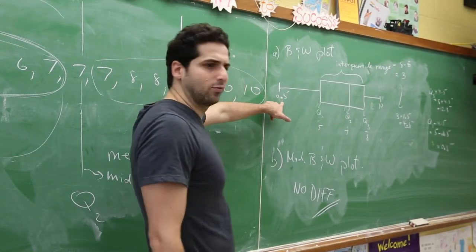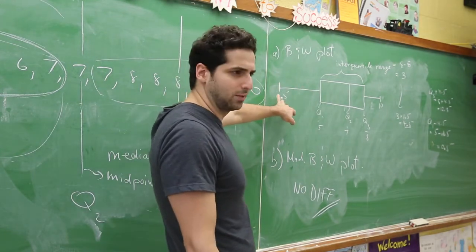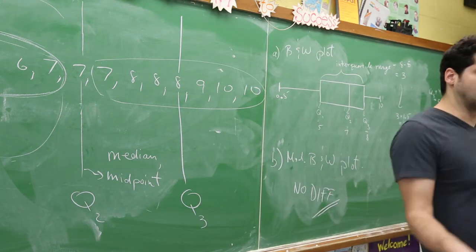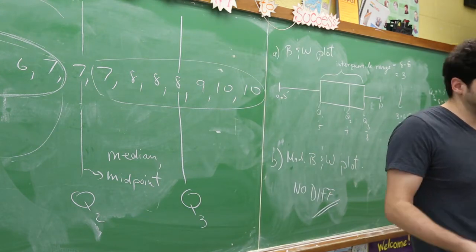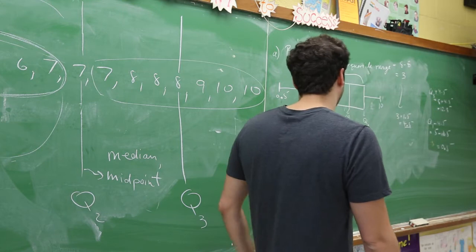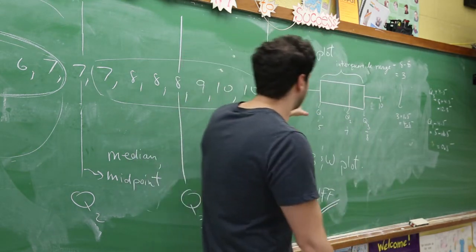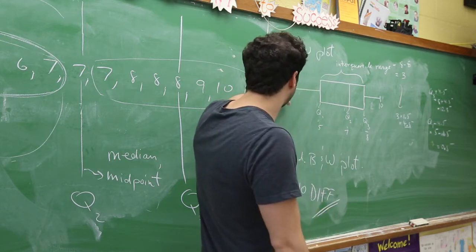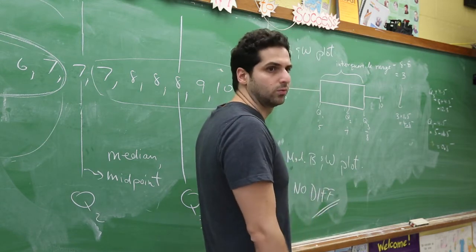But let's say, for argument's sake, that that data point over there was not 0.5. Let's say it was 0.25. Okay? Who can tell me how this would change? Yes? You put a dot at that point, and then you get the next number and the rest.